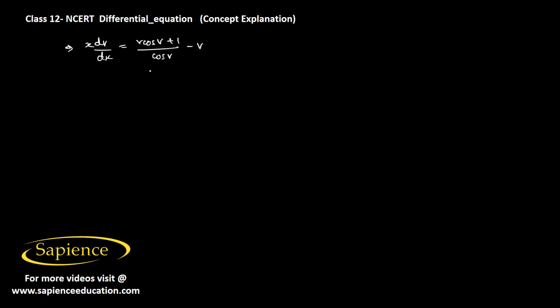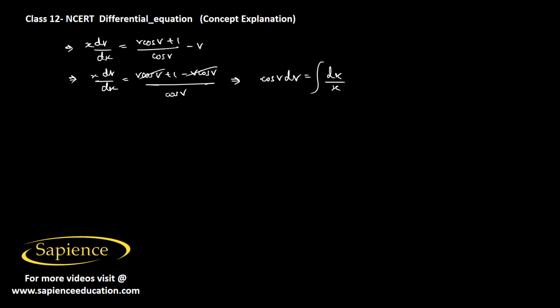So x dv by dx equals v cos v plus 1 minus v cos v divided by cos v. So v cos v will cancel out. So then we can write it as cos v dv equals dx by x, and then we can integrate both sides.